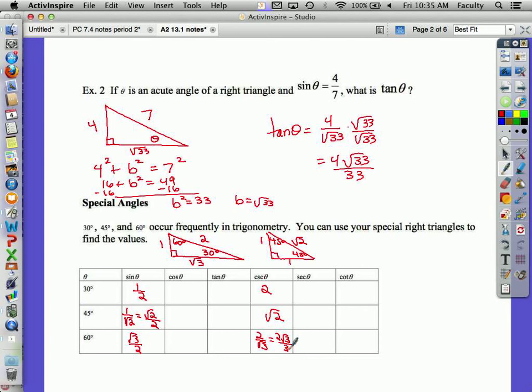So what I want you to do now is do the cosine column and secant as you do that, and then do tangent with cotangent.